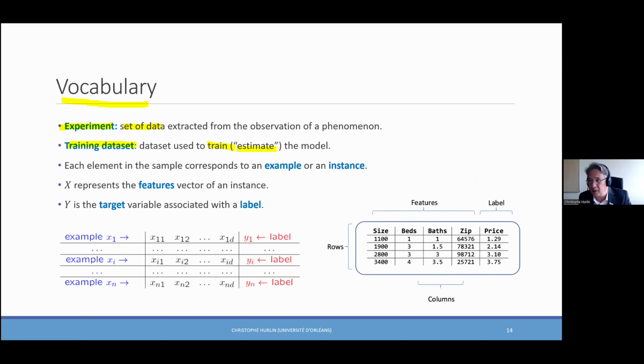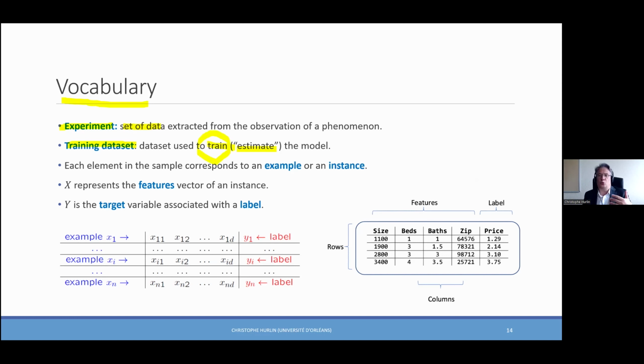So you specify and the software estimates. With machine learning, the software Python will both specify and estimate the parameters. And that's why we use the terminology to train a model, and not to estimate a model.